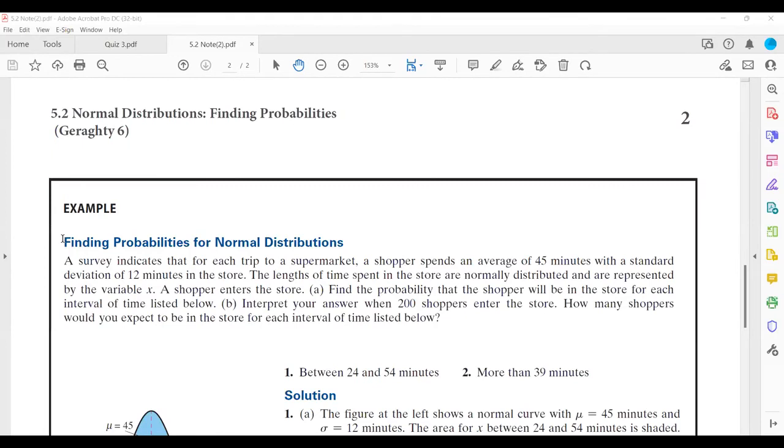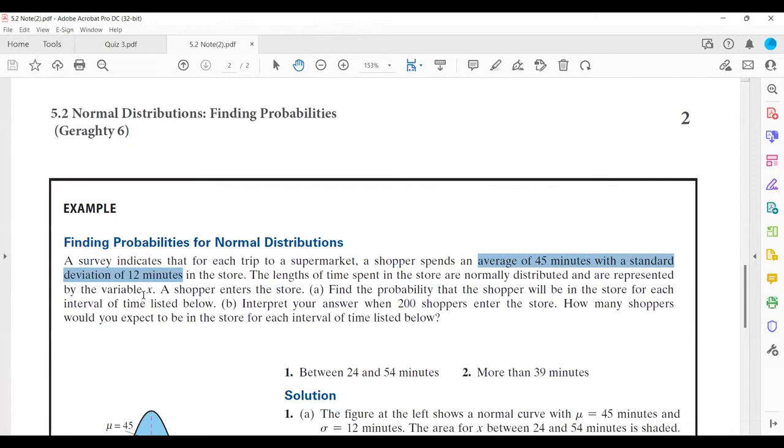So, as you can see, we have a survey. You're the statistician. You ran a survey. A shopper spends an average, well, we have a keyword, everybody, average of 45 minutes, and another keyword, the standard deviation of 12 minutes in the store. The length of the time spent in the store is normally distributed, represented by X values, and it doesn't mention anything about confidentiality of the data.